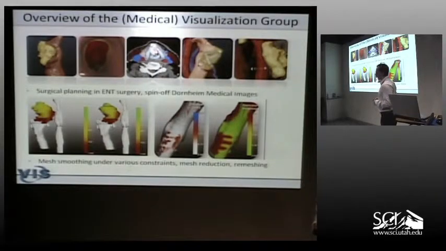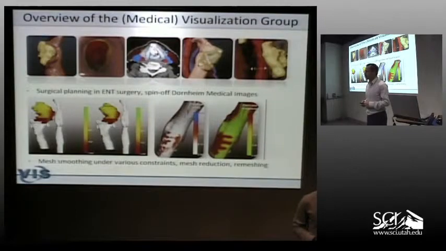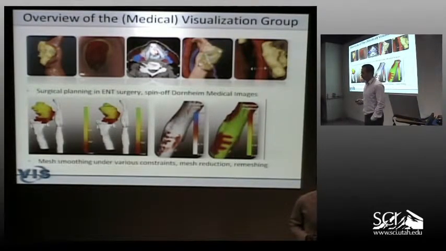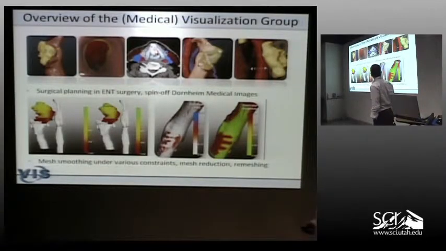We did a lot of work in ENT surgery, that is ear, nose and throat surgery. That means we want to support surgeons doing, for example, neck surgery. So here is a lot of segmentation involved. We have developed a couple of segmentation models for most of these structures so that a patient-specific model can be created as fast as possible.